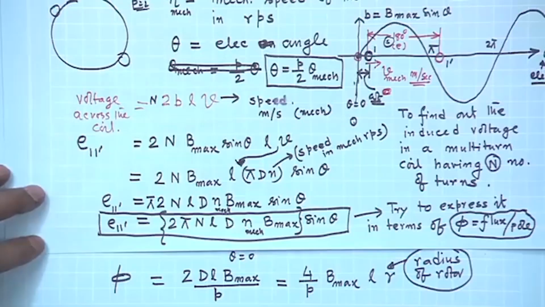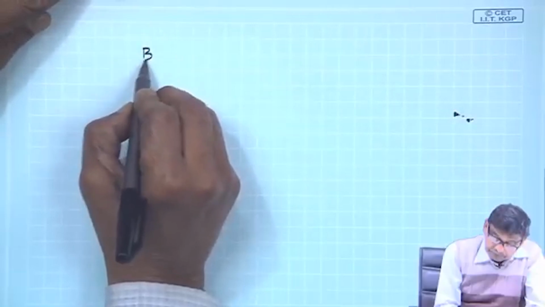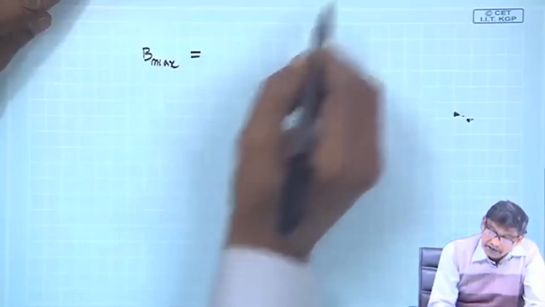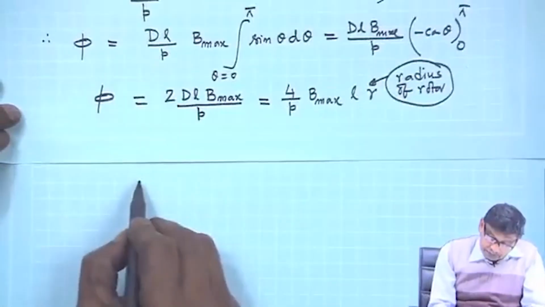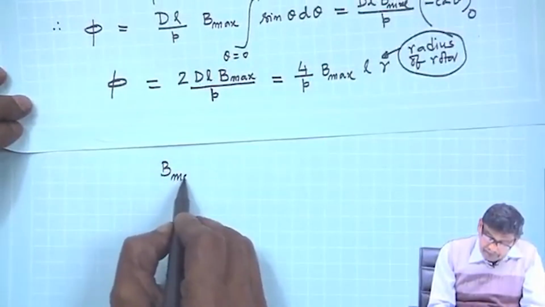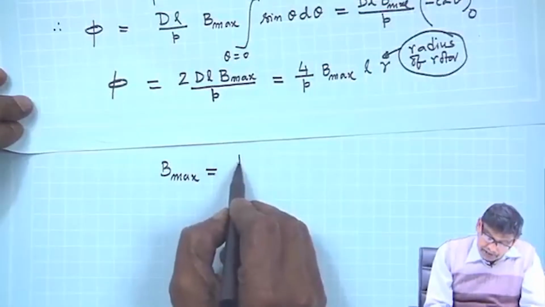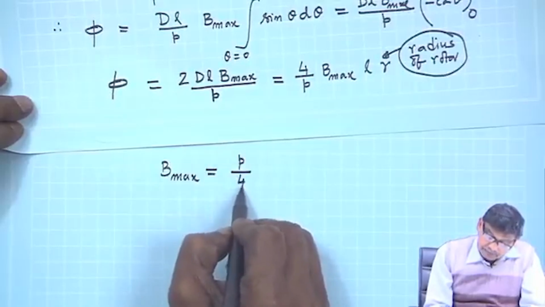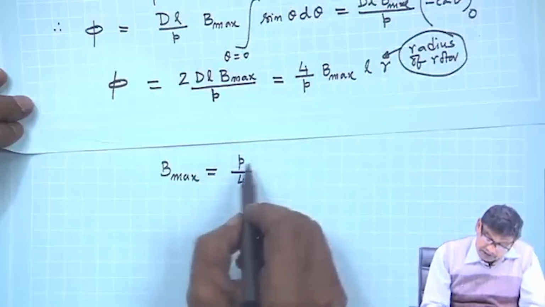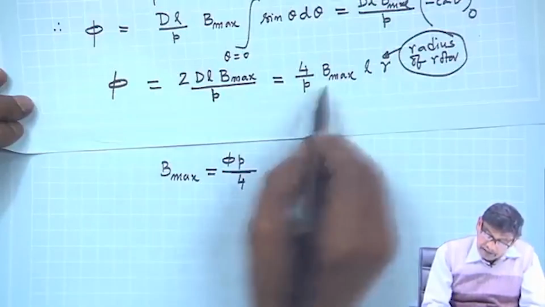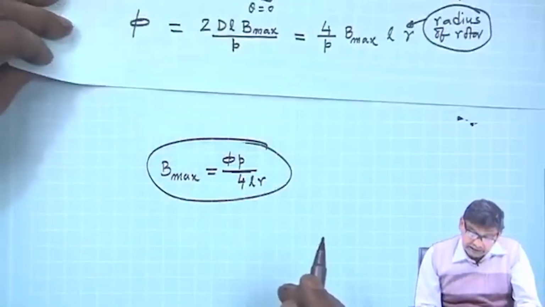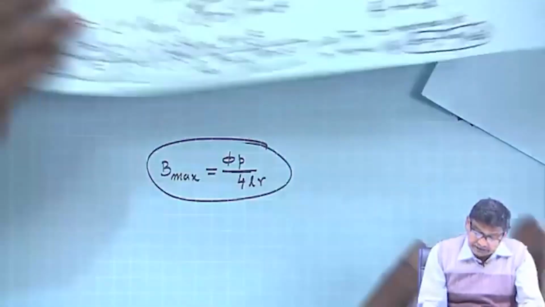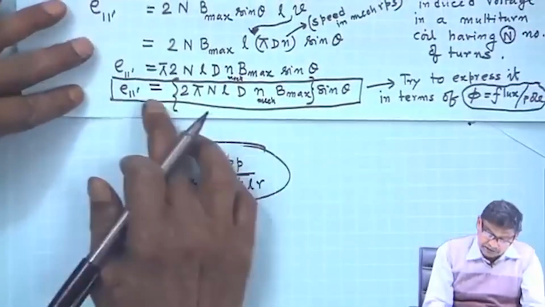So, I can say that B max will be phi P by 4 L R, and this I will substitute in this expression of the induced voltage here.